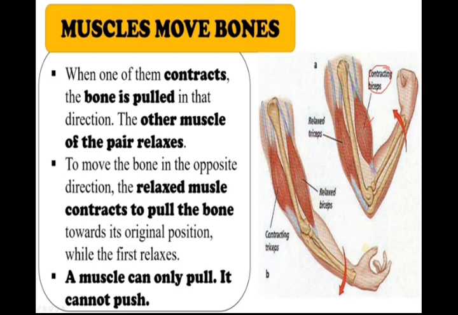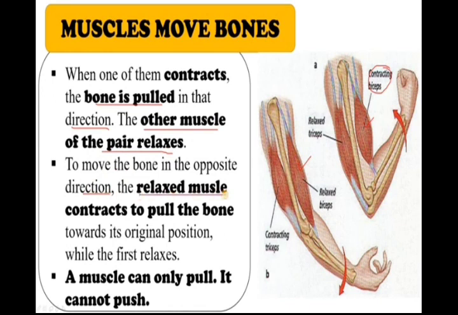When you go back to the original position, the second muscle will be contracted and the first muscle will be relaxed. So when you move your hand in one direction, the first muscle gets contracted, and when you return to the previous position, the second muscle gets contracted.